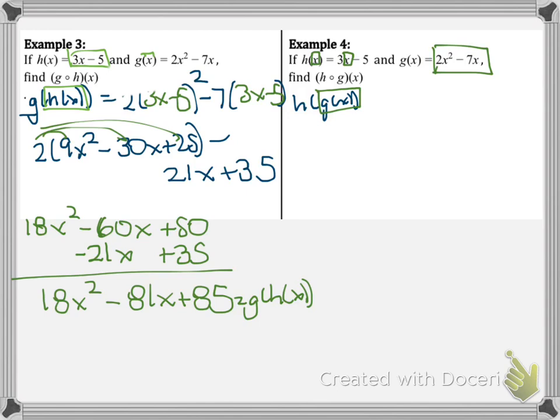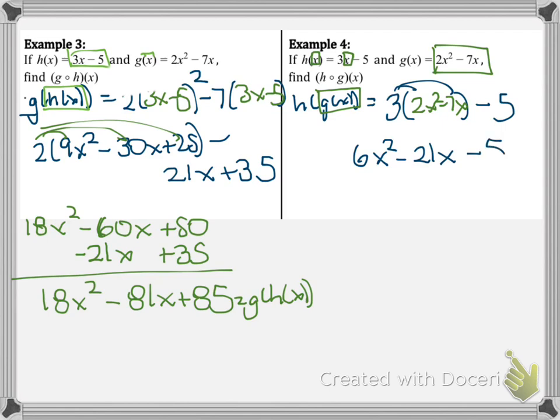So this becomes h of g of x equals, start writing the h, 3 times that x value, which is 2x squared minus 7x, and then the minus 5. So this is just substitution, really. So distribute: 3 times 2 is 6x squared minus 21x, and then minus 5. And actually, that's it. We're done. h of g of x equals this.